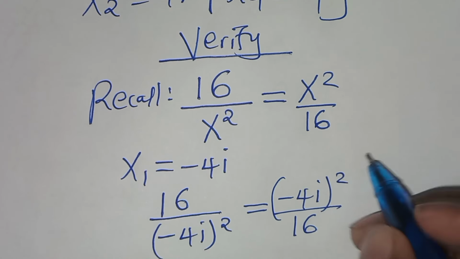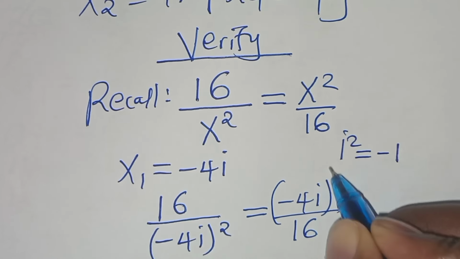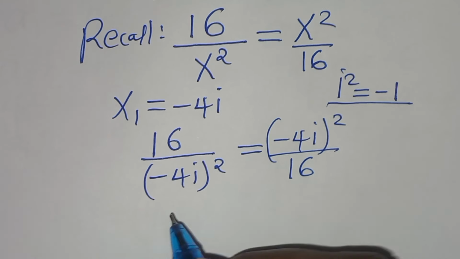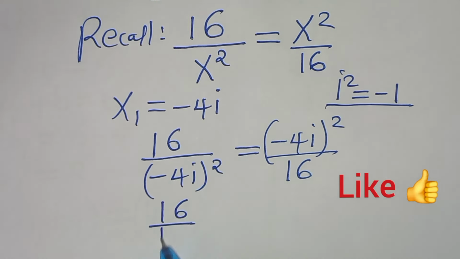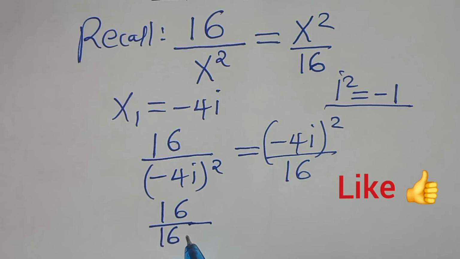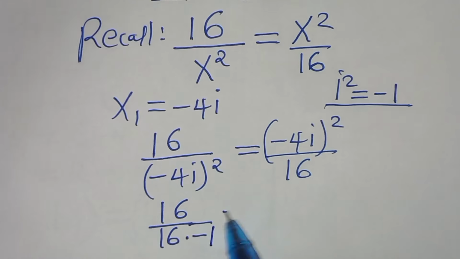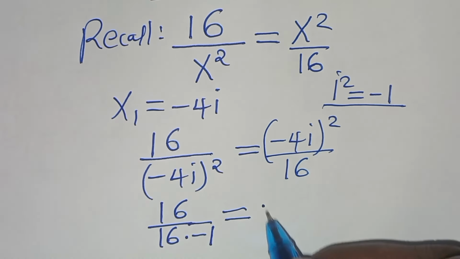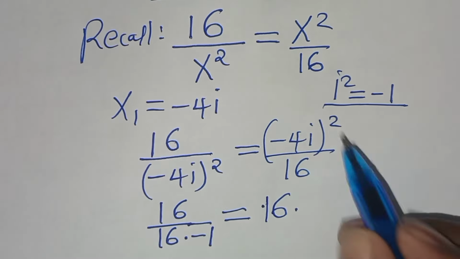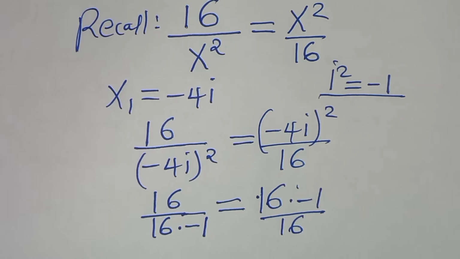We have to note that i squared is the same thing as minus 1. So we have 16 over minus 4 squared, this is 16, times i squared, and i squared is minus 1. This is equal to minus 4 squared, this is 16, times i squared, which is minus 1, over 16.